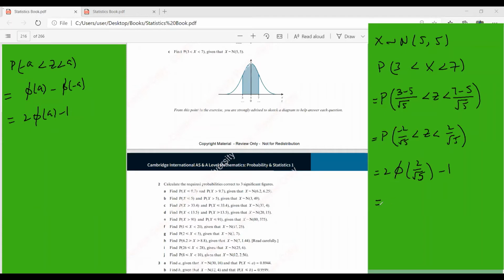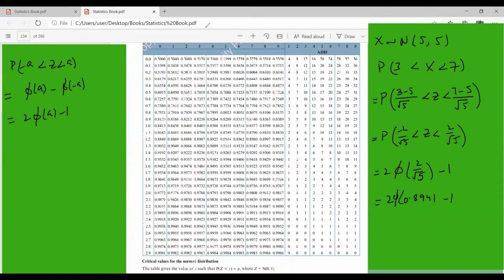So this is 2 over under root 5, which is going to be 0.894. So this is 2 phi of 0.894 minus 1. Let's go to the table and see what we have. Phi of 0.894. So 0.8 is here, 9 is here, and 4 is here.